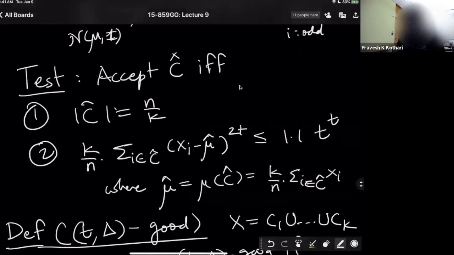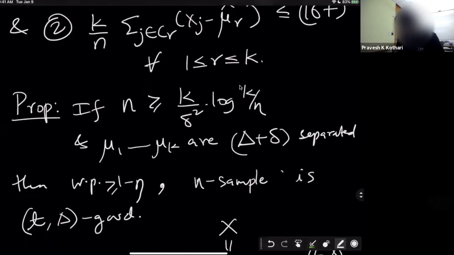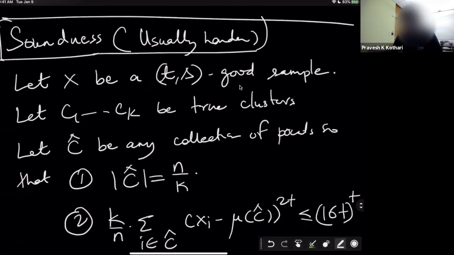Okay, so far we are focusing on solving a very easy problem that we already saw some greedy clustering solved. But we are looking at this easy problem because we will be able to generalize it to high dimensions very easily. So let's come back and look at the soundness, and let's take any questions if there are any.